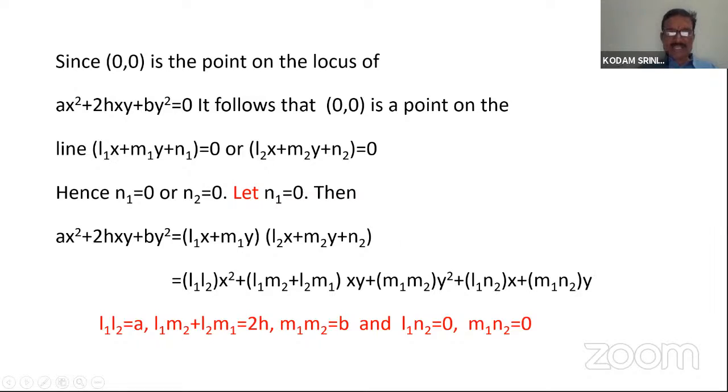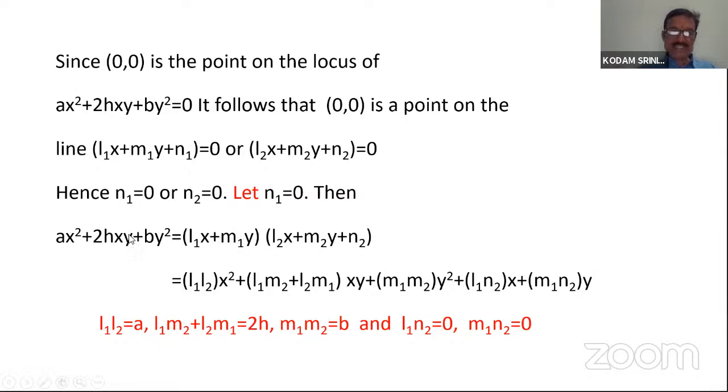Here, comparing the above equation with ax square plus 2hxy plus by square equal to 0, we get L1 L2 equals a, L1 M2 plus L2 M1 equals 2h, M1 M2 equals b, and the remaining terms L1 N2 equal to 0 and M1 N2 also 0.